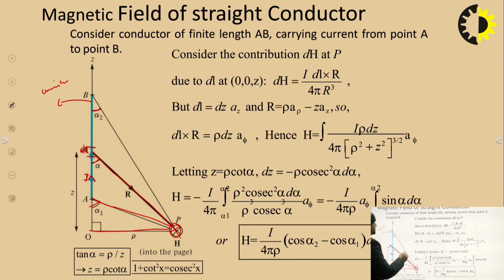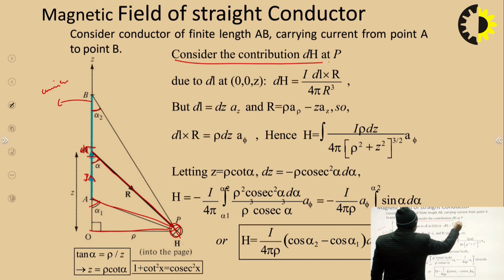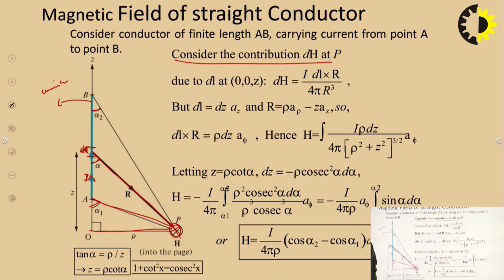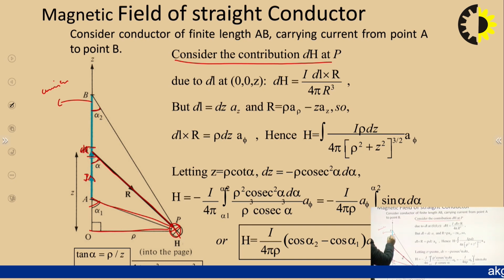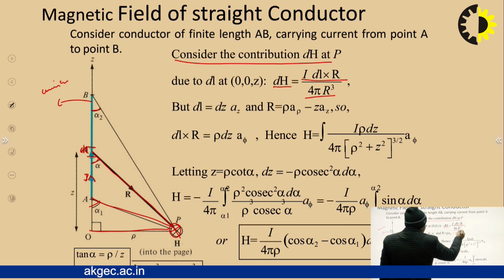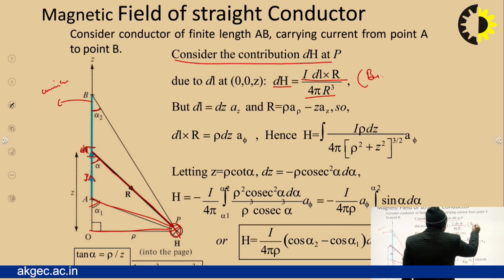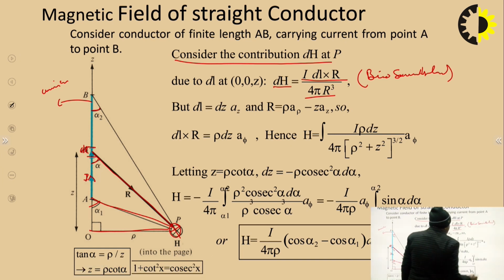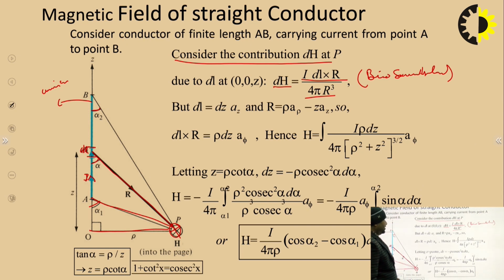This is the continuation of dH at P, because the charge is located along the 0, 0, z direction. If the current carrying conductor is distributed along the z direction, the differential magnetic field intensity is defined by the Biot-Savart law, which we already discussed in the previous slide.